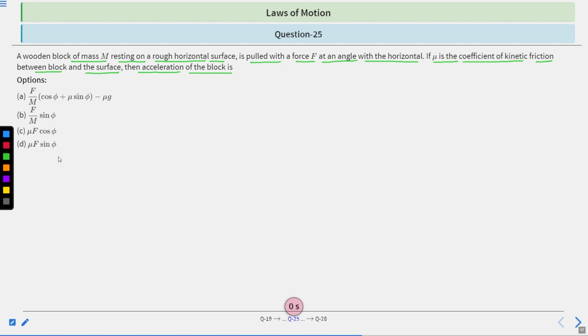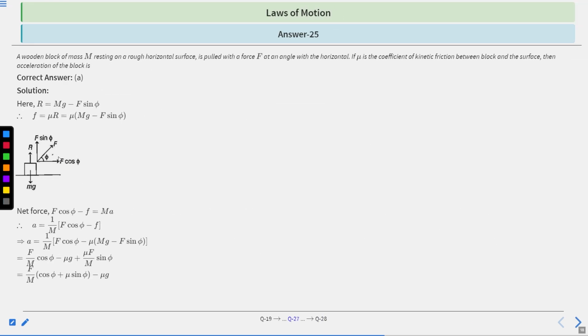Let's find a solution. Here R equals mg minus F sin phi. After solving the FBD, and f equals mu R, putting the value of R in this equation, it becomes this.